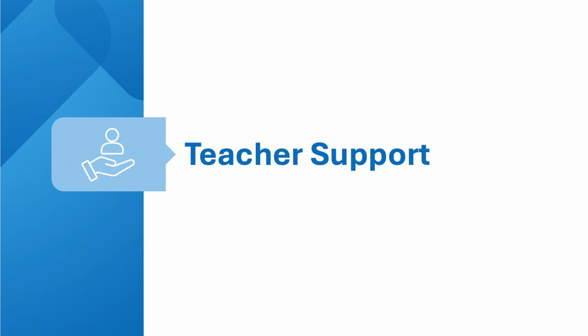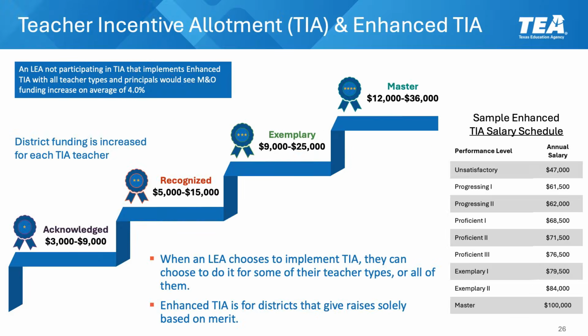The first thing that we want to highlight with teacher supports is the teacher incentive allotment and enhanced TIA. The teacher incentive allotment is designed to reward and retain our best teachers in our classrooms. It includes 2 different components: teacher student growth results, but also teacher observation results.